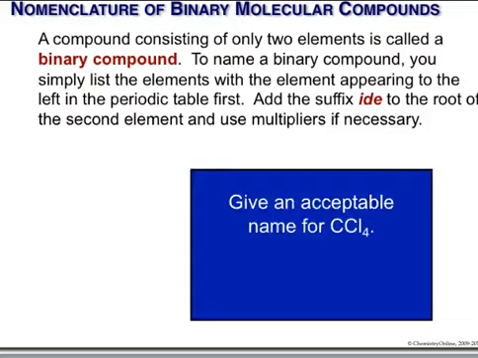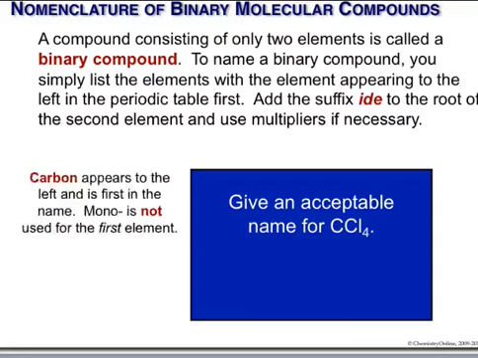Let's say we have CCl4. They are both nonmetals, aren't they? So we say to ourselves, okay, molecular compound, I'm going to use multipliers. My first word here is just going to be the name of the first element. And that's going to be carbon. We don't use mono, not for the first element.